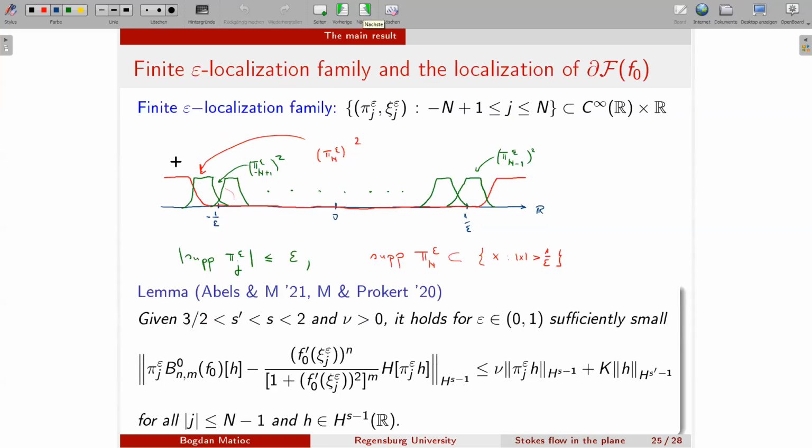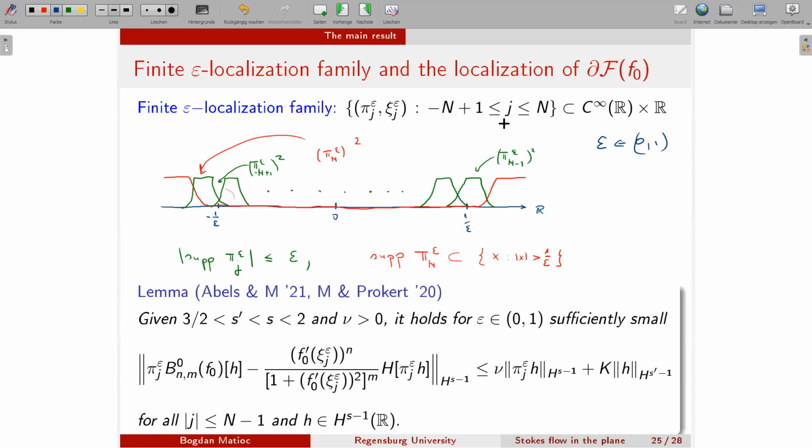So for the localization, we use so-called epsilon localization families. For each epsilon between 0 and 1, to each epsilon we associate such a localization family.